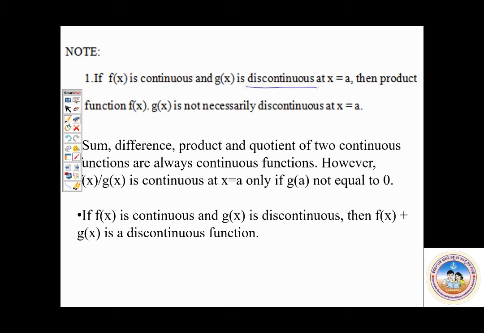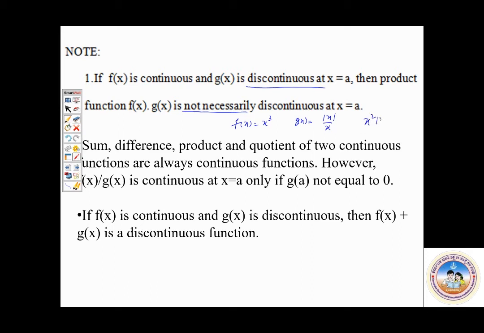As an example, take f of x equals x cube and g of x equals mod x divided by x. This is discontinuous at x equals 0, and the other is continuous at x equals 0. Now when you take the product, x square into mod x, that is continuous at x equals 0. Therefore, whenever two functions are given, don't give a direct conclusion that they are not continuous. Observe, simplify the terms, and then decide.